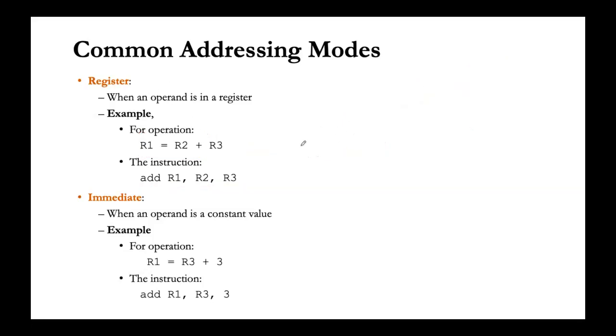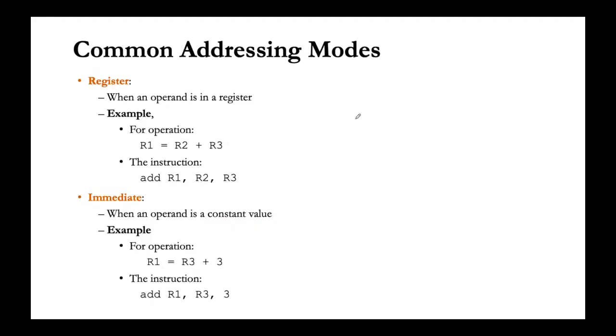In some cases, a direct constant value is supplied to the operation. Where one operand is a constant value, we call it the immediate addressing mode. Here the assembly instruction is R1 = R3 + constant. The registers are not used for that operand; the constant value is used inside.